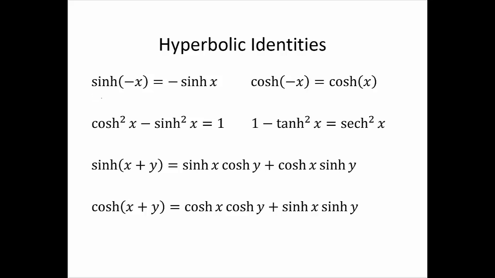The hyperbolic sine is an odd function. Hyperbolic cosine of negative x is equal to hyperbolic cosine of x. The hyperbolic cosine is an even function.